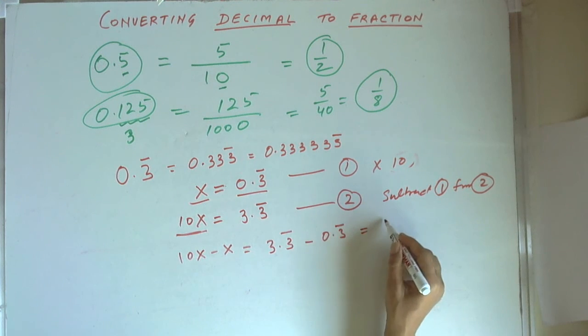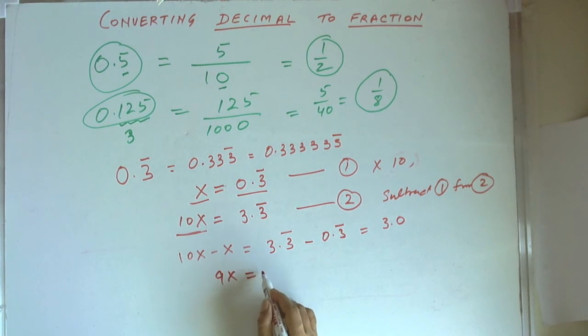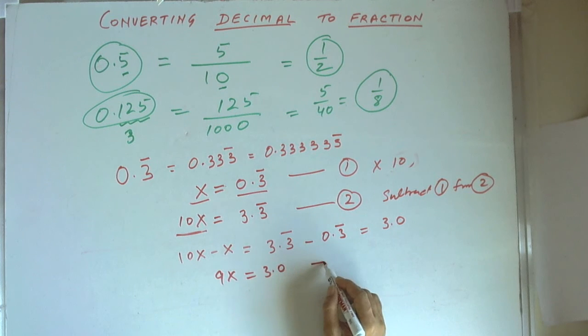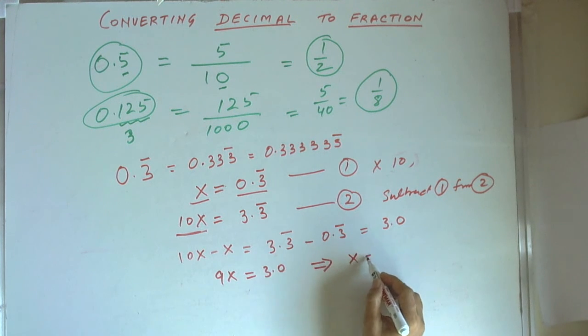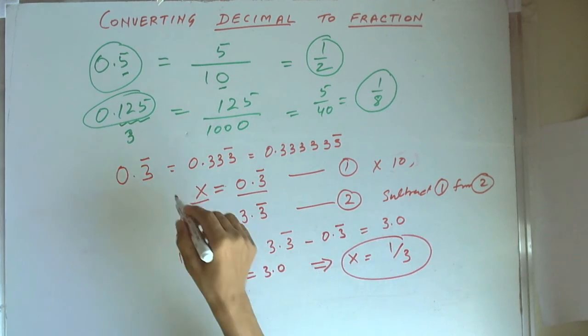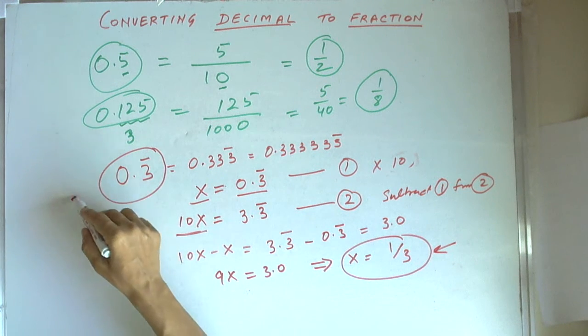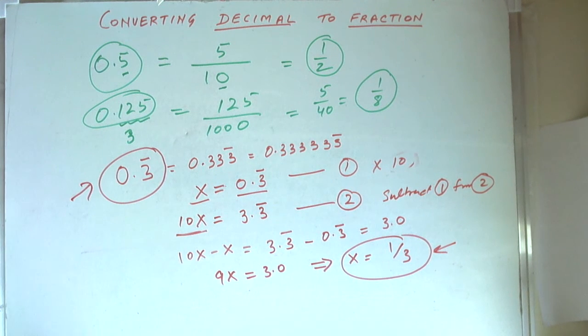So this will become 3.0. So 9x will be equal to 3.0, and therefore x will be equal to 1 by 3. So 1 by 3 and 0.3 bar are the same value.